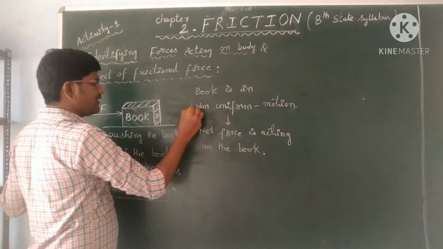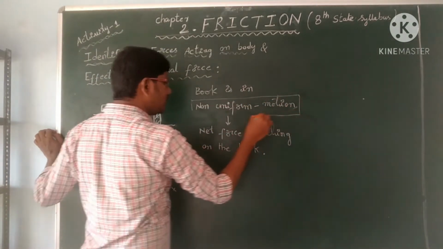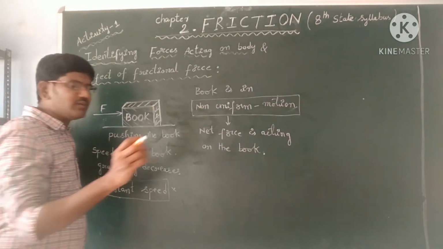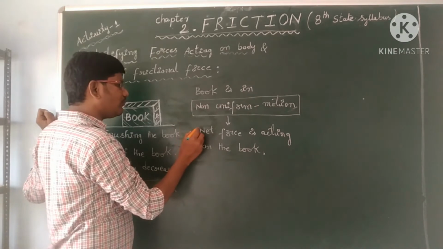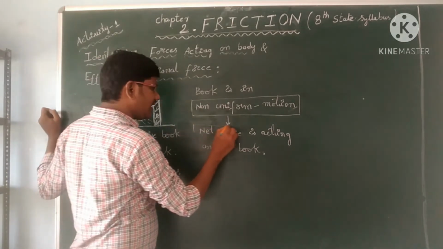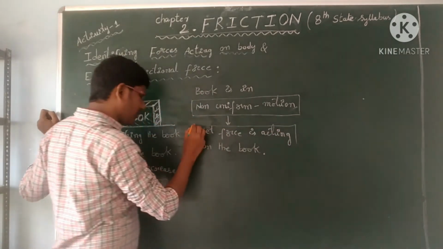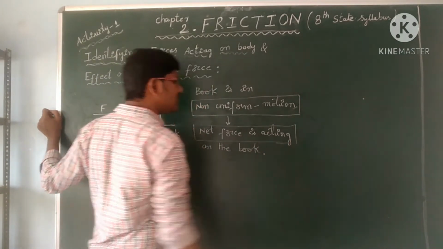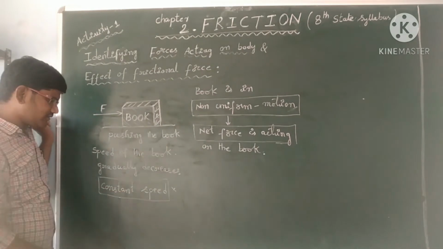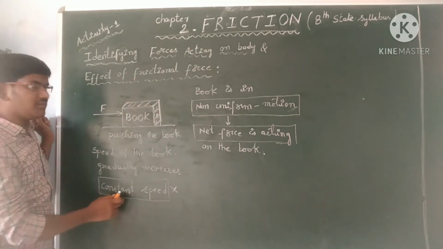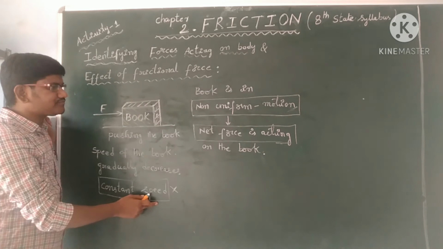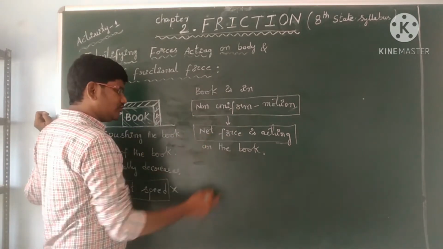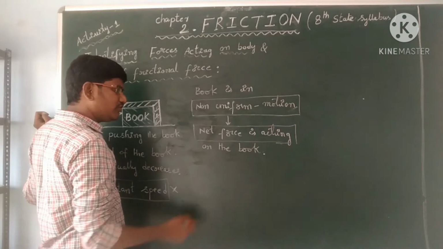So from the force lesson we know very clearly that an object can be in non-uniform motion when a net force is acting on the object, and it is not moving with a constant speed. That you remember, children. Now, net force is acting means we can identify the number of forces acting on it.